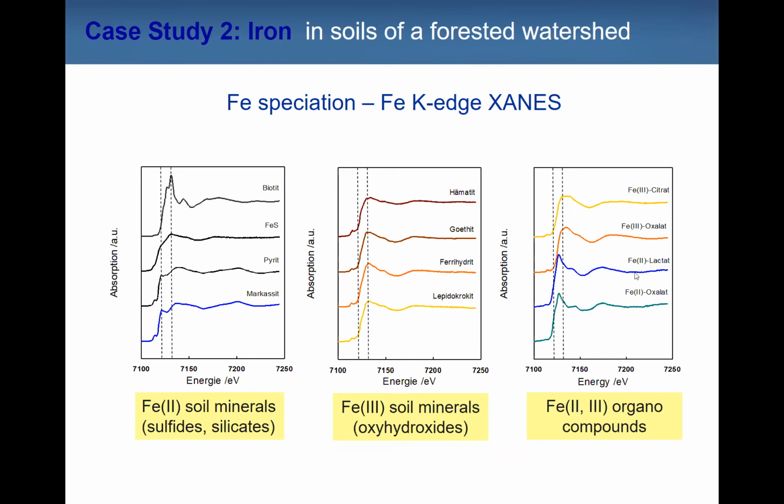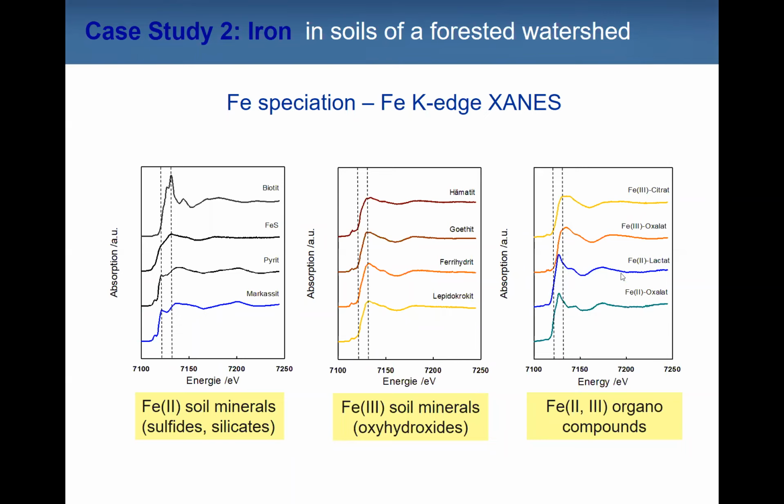And we have also organic compounds in ferrous reduced and ferric oxidized states. And these are the functional groups which are most prominent in soil, citrates, oxalate, soil organic matter functional groups. And you see two things. First, the reduced organic iron compounds are different in spectral features compared to the oxidized. And it's not only the white line position, it's also the post-edge shapes.